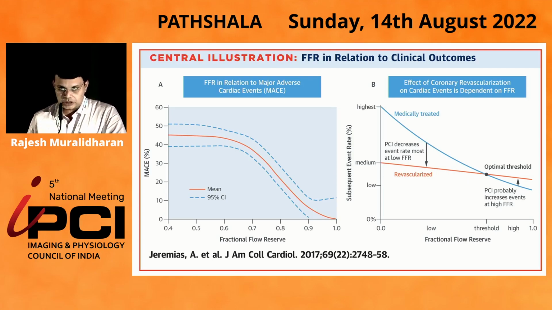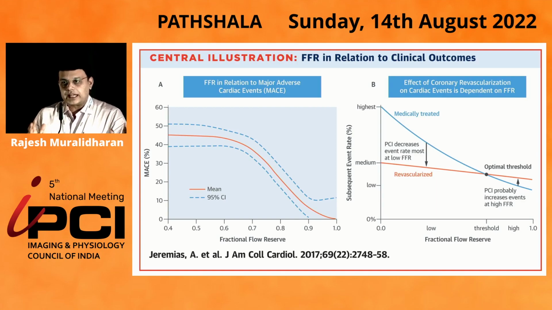It's in these patients with the lowest FFR, who are at a high risk of subsequent events, that PCI benefits over a medically treated group. As the FFR value increases, you can see that the curves of the medically treated group and the revascularized group keep converging, and at a point which we believe and practice as the gray zone, the curves diverge again, and at least beyond this point PCI probably increases the events or is not beneficial.